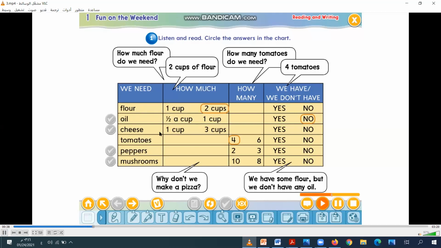And cheese? How much cheese? 3 cups of cheese. Wow, that's a lot of cheese. What about tomatoes? How many tomatoes do we need? 4 tomatoes. Okay, 4 tomatoes. How many peppers? 2 peppers. How many mushrooms do we need? 10 mushrooms. Okay, good. Now let's play for real.